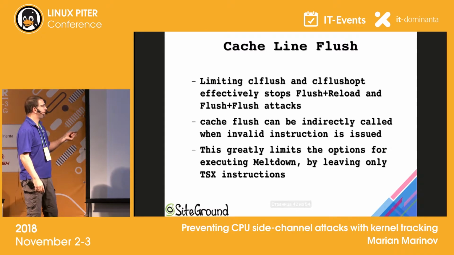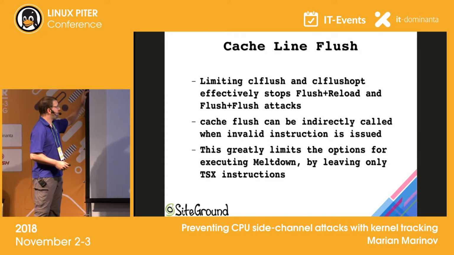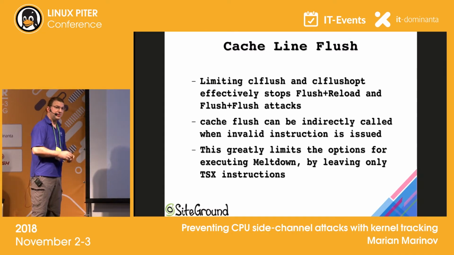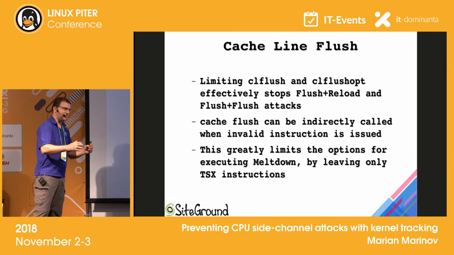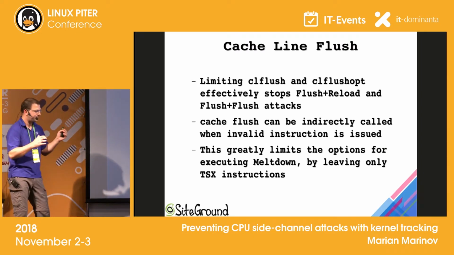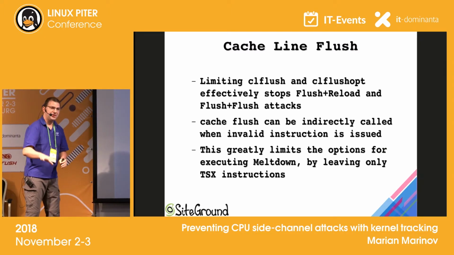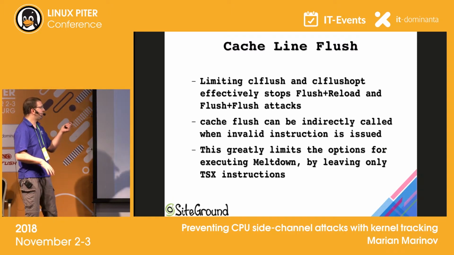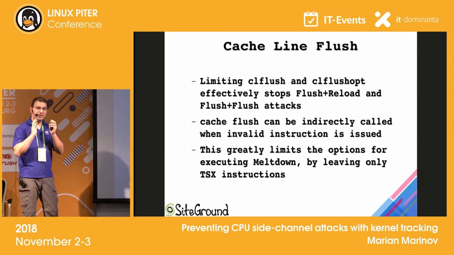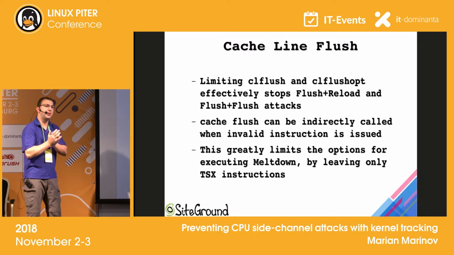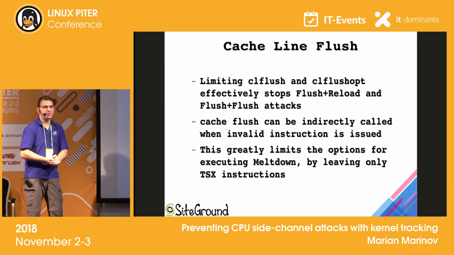I'll skip this simply because we don't have time, but CLFLUSH is the instruction that is used in the CPUs to flush the cache. And unfortunately, this instruction and its brother CLFLUSHOPT are user space instructions. They don't require privilege to be run. This means that you cannot easily capture them.